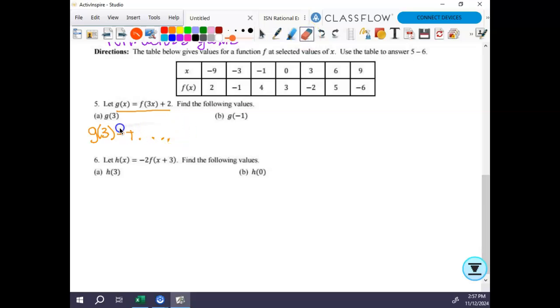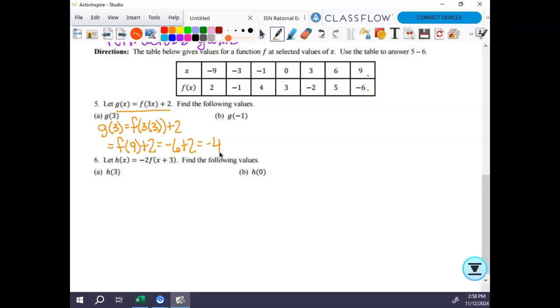Let me redo that. So g of 3 is equal to f of 3 times 3 plus 2. So 3 times 3 is 9, so it's really f of 9 plus 2. F of 9 is negative 6, so I get negative 6 plus 2 gives me a negative 4.